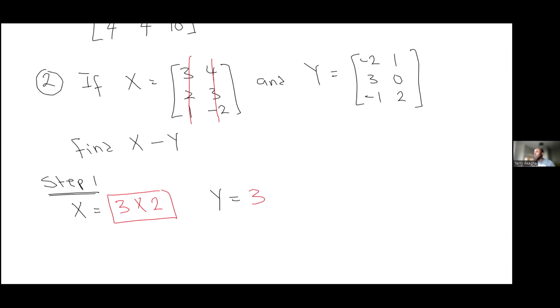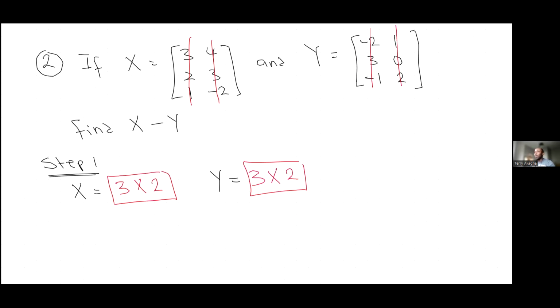So that's also a 3 by 2 matrix. Because they are both a 3 by 2 matrix, we can now say x plus y is possible. Is that making sense? Because they are both in the same order, we can add it.